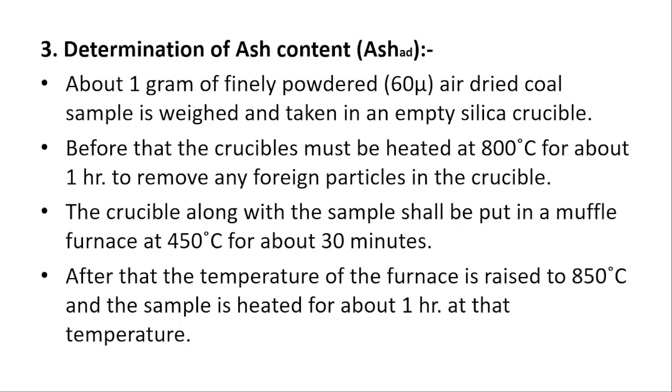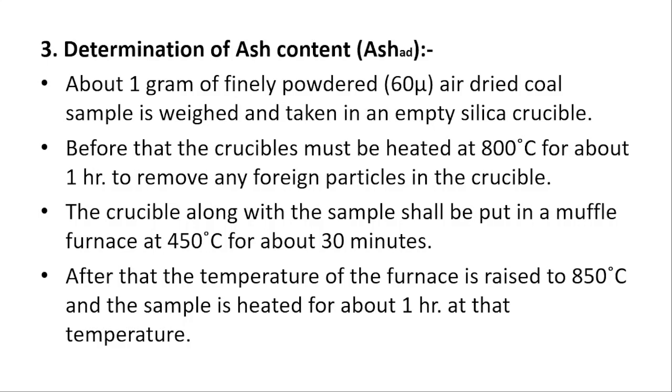The third thing is the determination of ash content on air dry basis. About 1 gram of finely powdered, that is 60 microns, air dried coal sample is weighed and taken in an empty silica crucible. Before that, the crucibles must be heated at 800 degrees centigrade for about 1 hour to remove any foreign particles in the crucible.